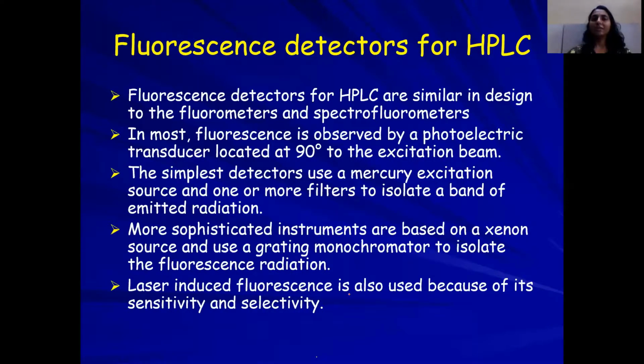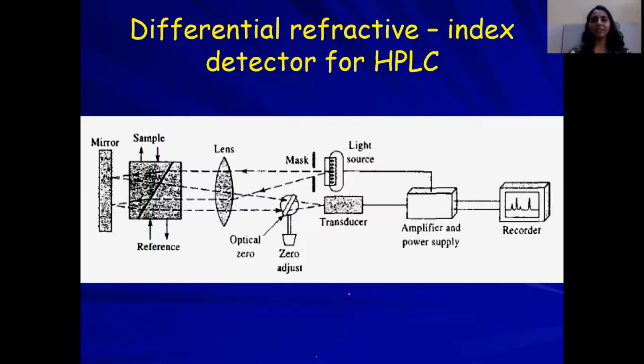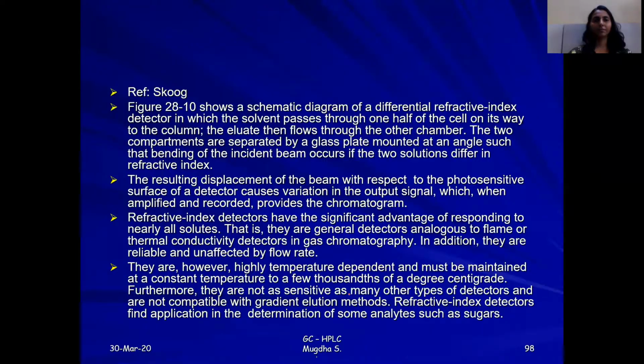Then you have fluorescent detectors for HPLC, which are more similar to your photoionization detectors. Then the differential refractive index detector for HPLC, and this is the explanation for it.